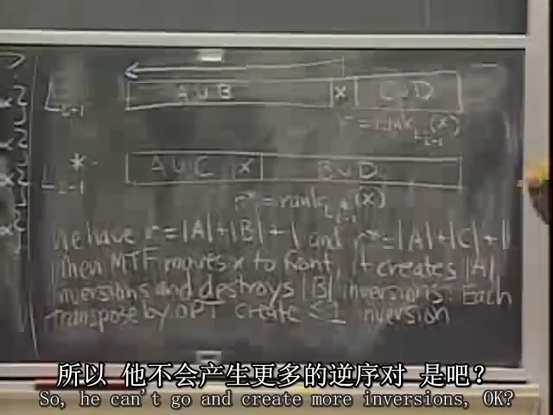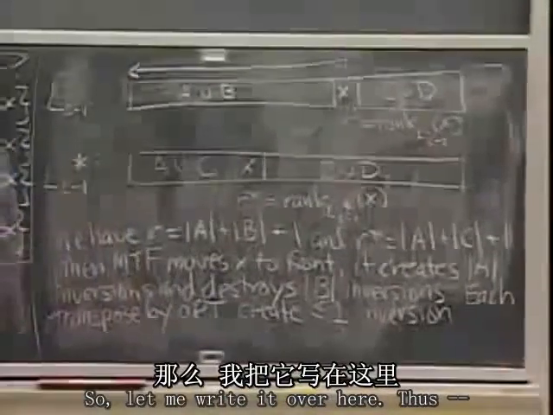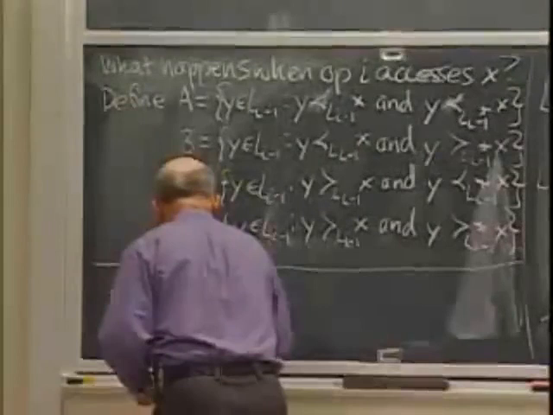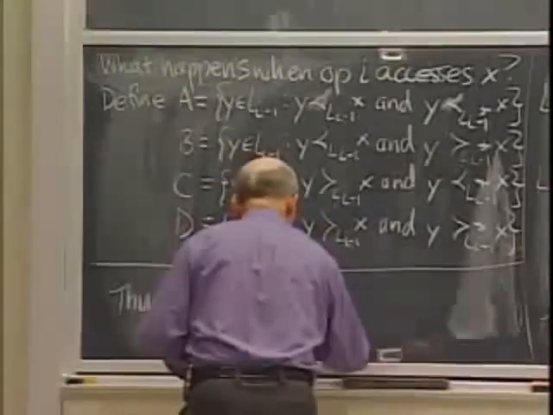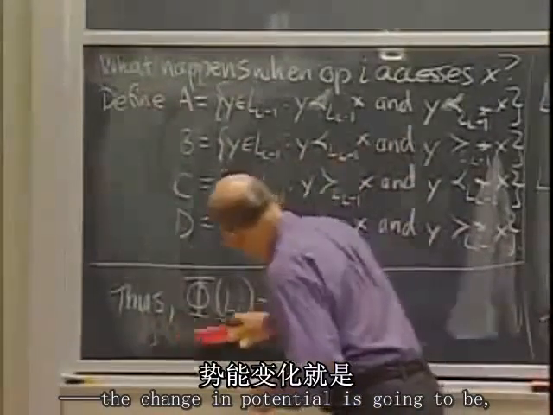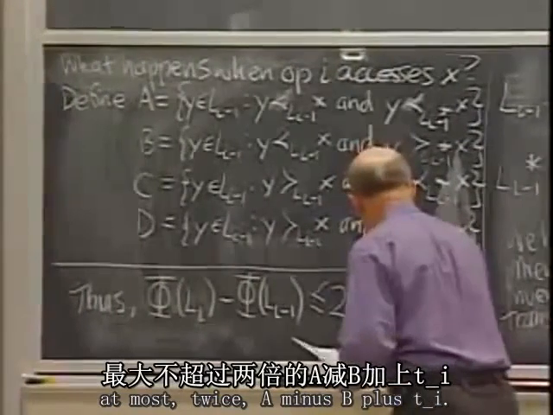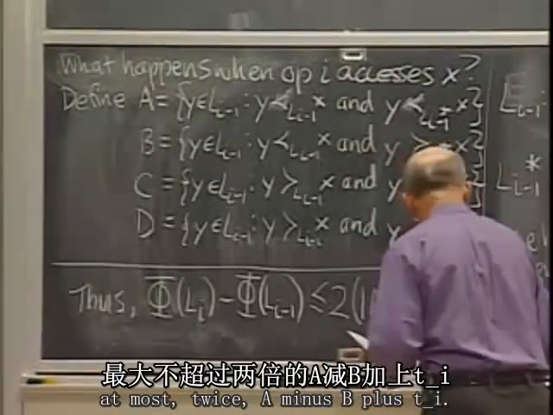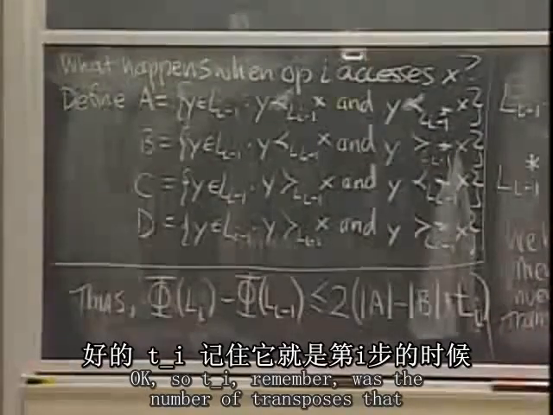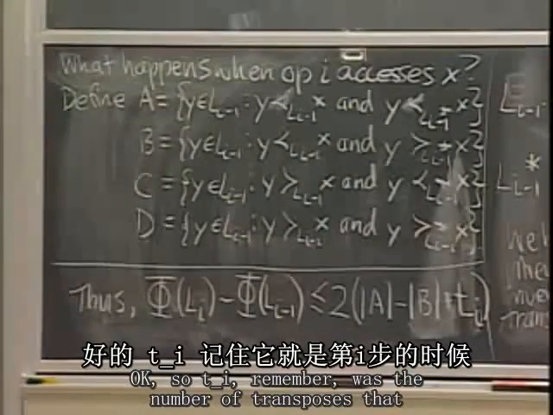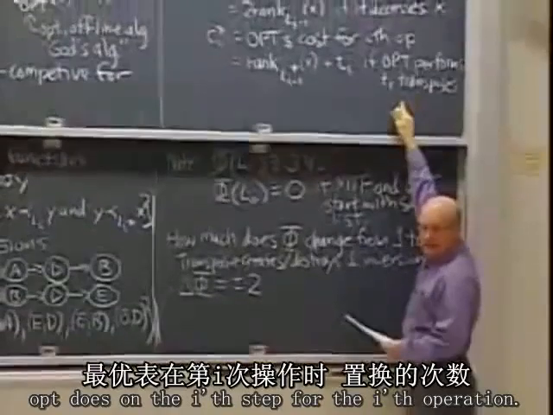Thus, the change in potential is going to be at most twice A minus B plus t sub i. Remember, t sub i was the number of transposes that OPT does on the ith step, for the ith operation.